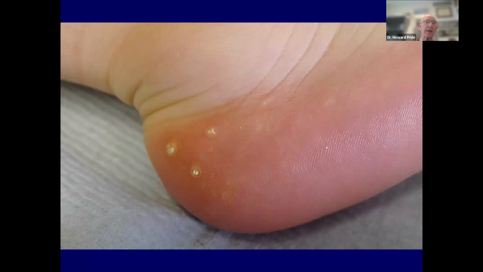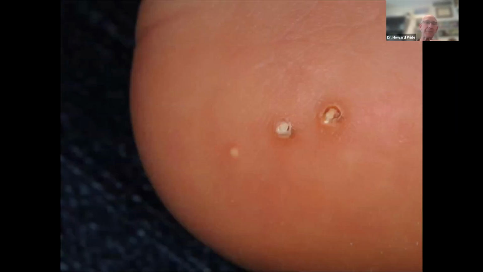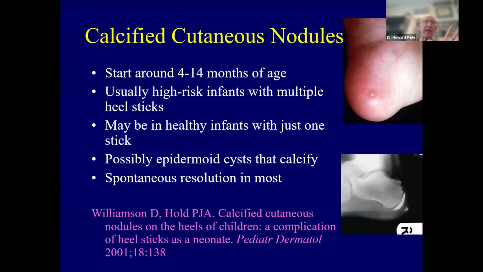And then lastly, as we're talking about baby lesions, these kind of calcified, rock hard areas on the heel, kind of a chalky material coming out of them. So these are calcified cutaneous nodules, a fairly common area to see milia. In fact, there probably are little epidermoid cyst milia that then become calcified. And virtually always they're in some high-risk, ill infant that's had multiple heel sticks.